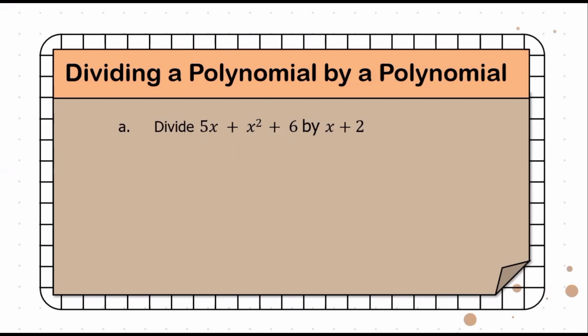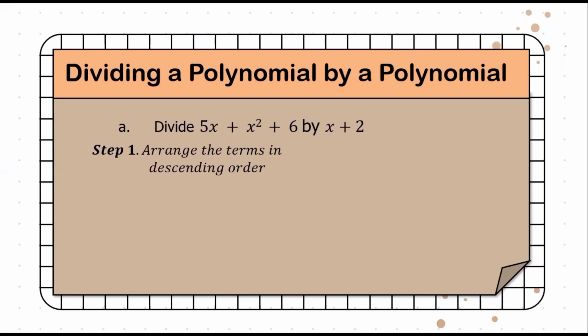So we have to rewrite first the problem in long division form with the terms arranged in descending order. So you have to arrange the terms of the given, or the dividend, in descending order. And that will give you now x squared plus 5x plus 6. So inarrange natin yung given because it's not in its standard form.